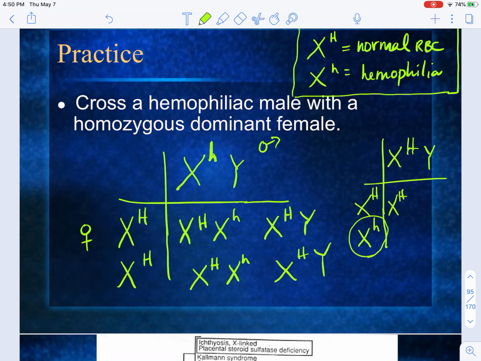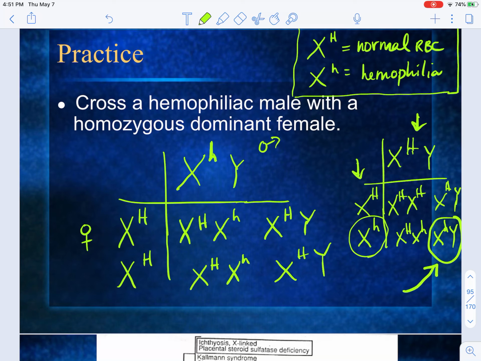So you can see here, this girl fine, this son fine, this girl a carrier, and here we go with a son who has hemophilia. So if two parents who don't have a sex-linked condition have a child who shows it, it will always be the mom who gave it to the sons.